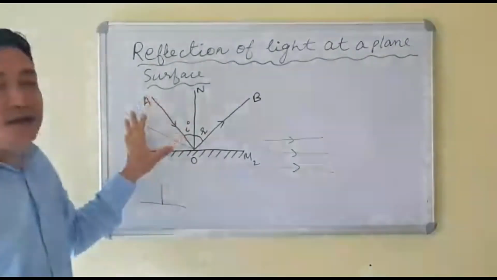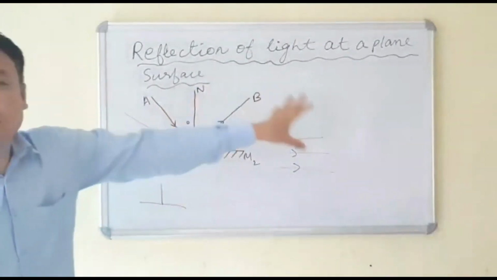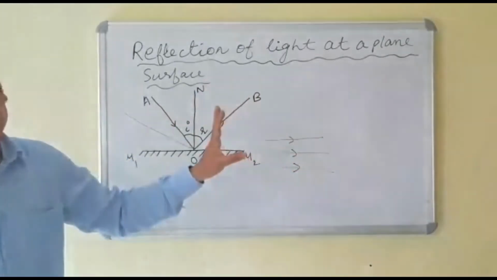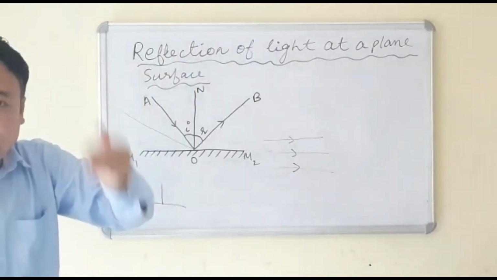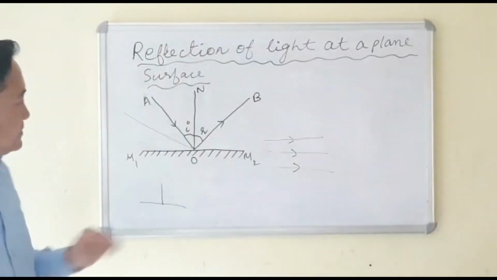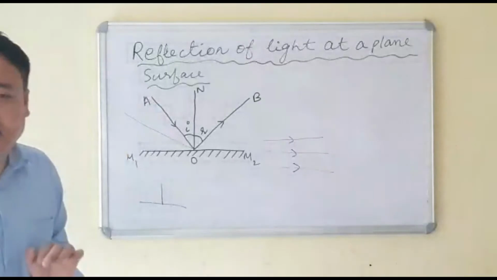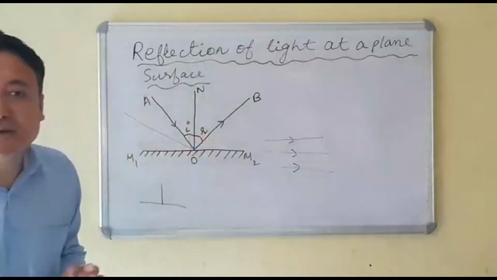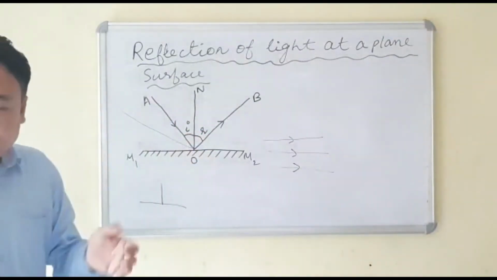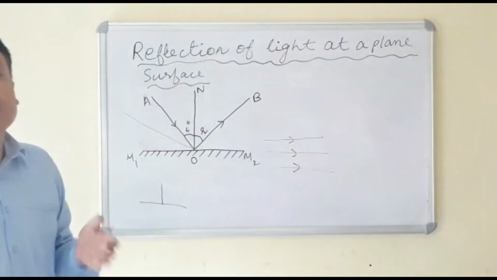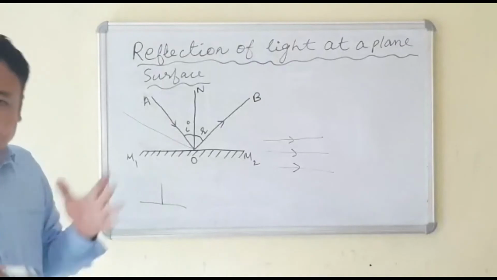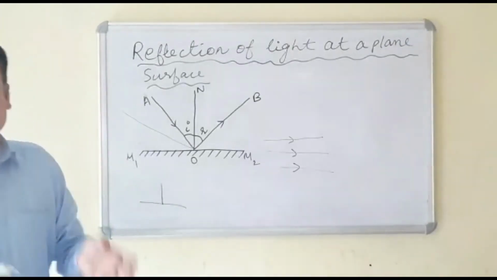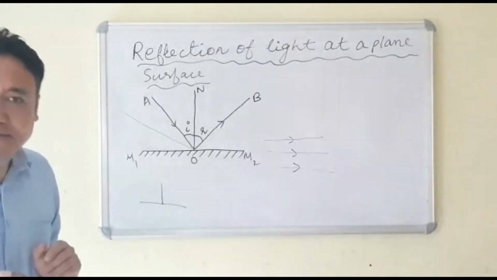When the angle of incidence becomes greater, the angle of reflection will also become greater, because they will always be equal. If the angle of incidence is 30 degree, the angle of reflection will also be 30 degree. Likewise, if the angle of incidence is 80 degree, the angle of reflection will also be 80 degree. Whatever the angle of incidence, the angle of reflection will be the same.